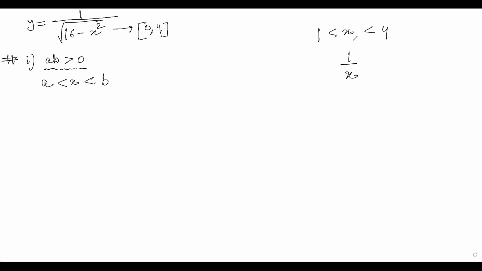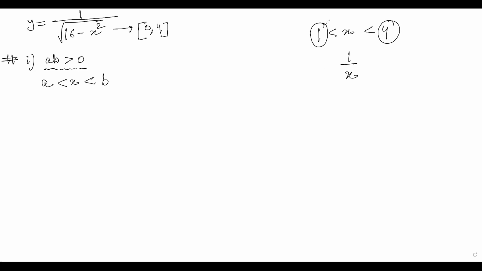So if I have to take the reciprocal of any expression, how would I do that? First I need to confirm that both sides of the inequality are of the same sign, either positive or negative. If they are of the same sign, then we take the reciprocal of both these values, 1 and 4.